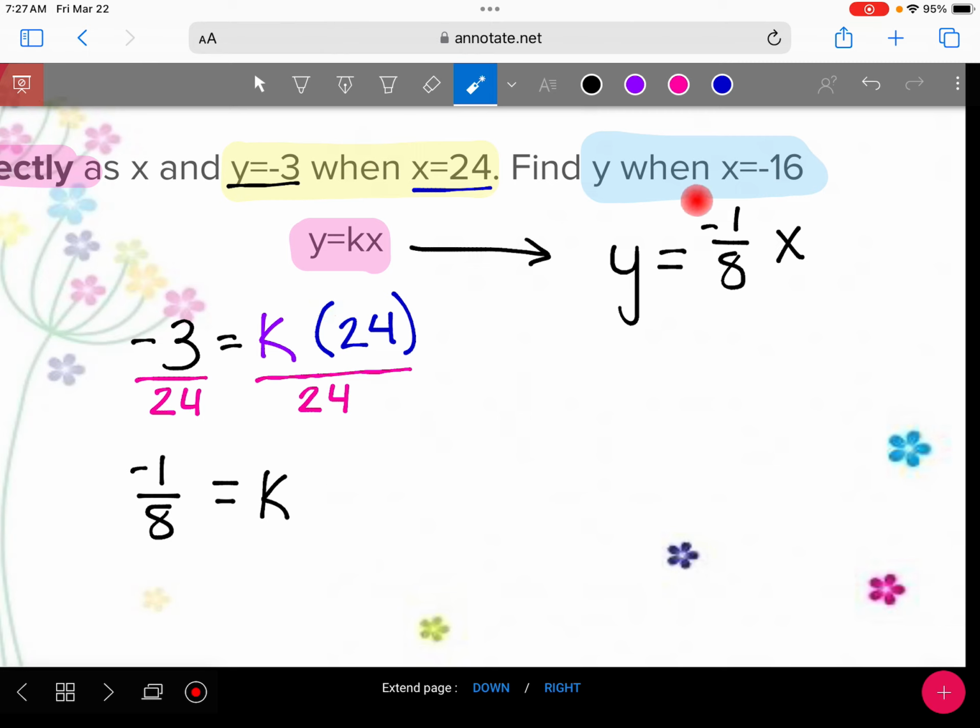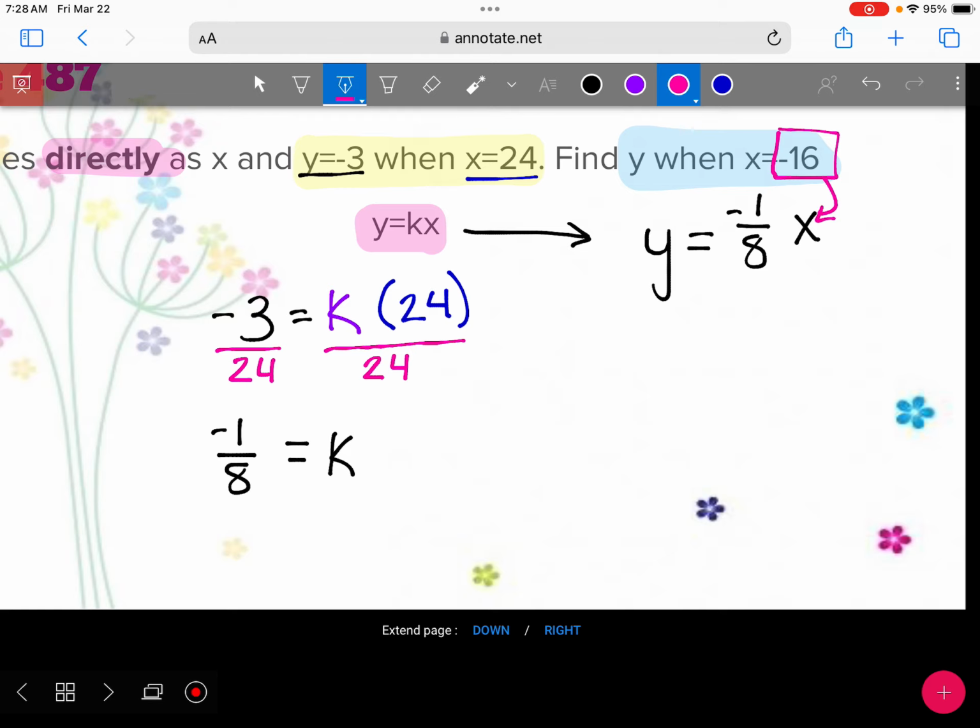over here. If I want to know what y is when x is negative 16, what am I going to do with the negative 16? What could I do with this? Plug it in. We're going to substitute it in for the x down here.